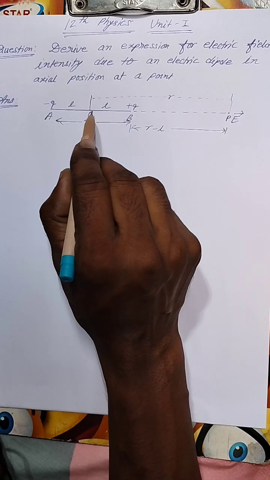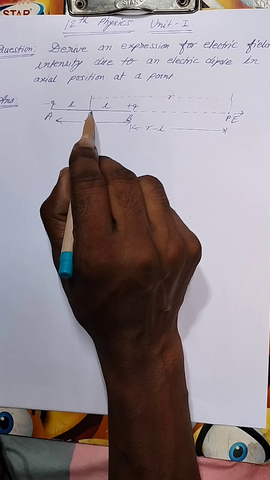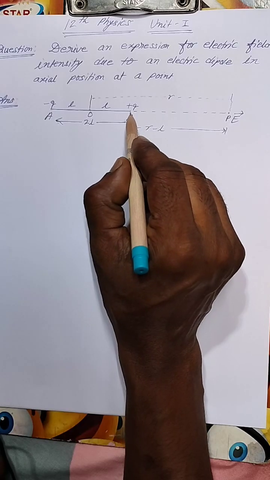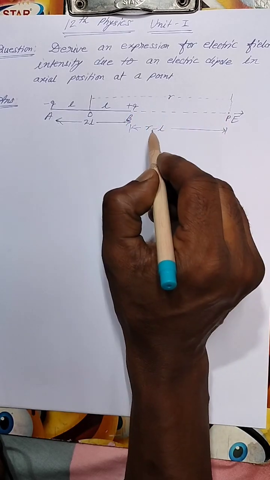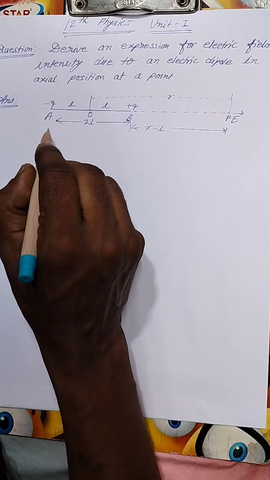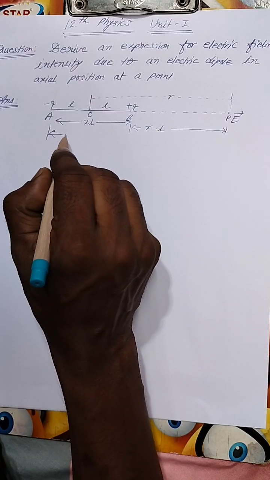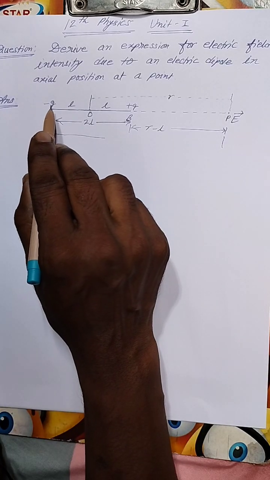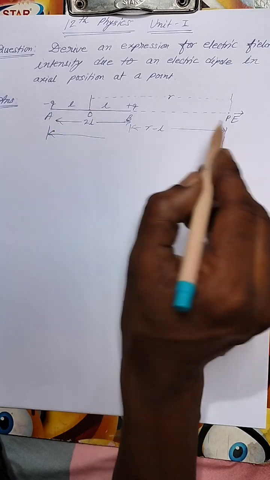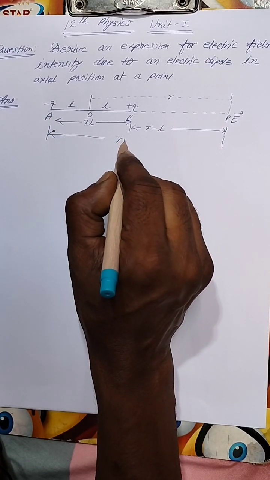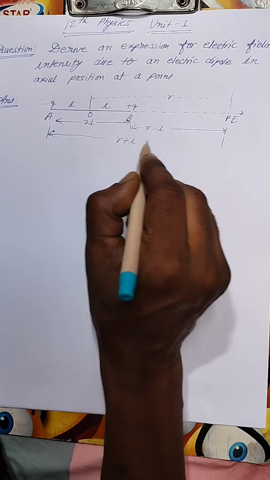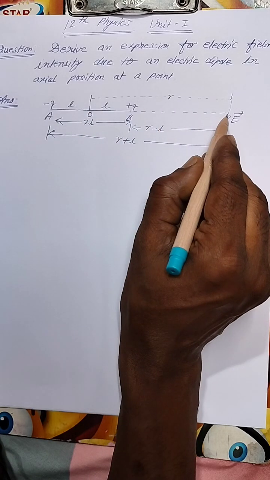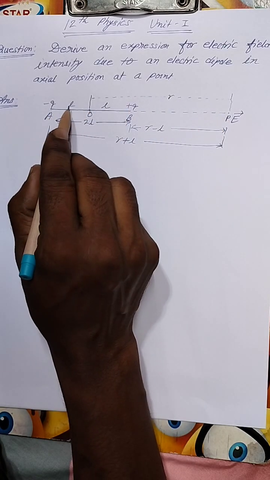and the length of O to B is L. So we can say the distance between point B and point P is r minus L. Similarly, the distance between charge point A and P will be r plus L. You can see here the distance between O and P is r, and L is more.